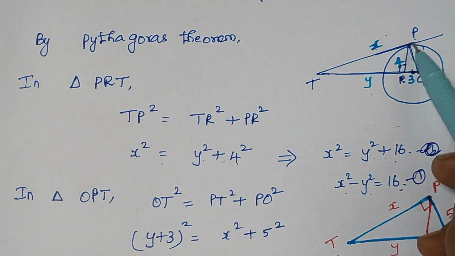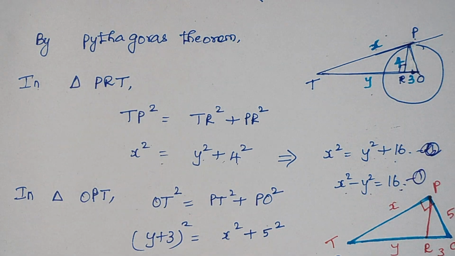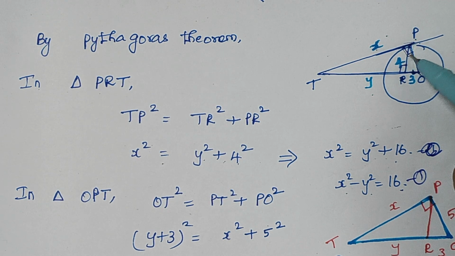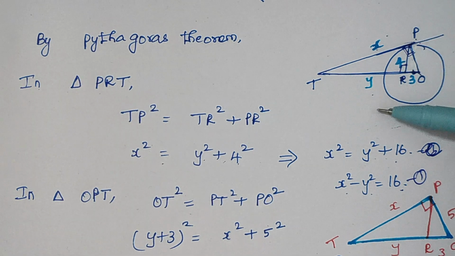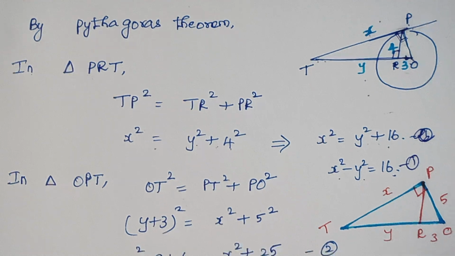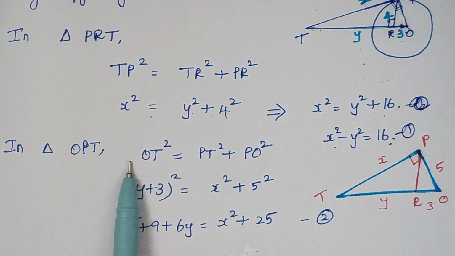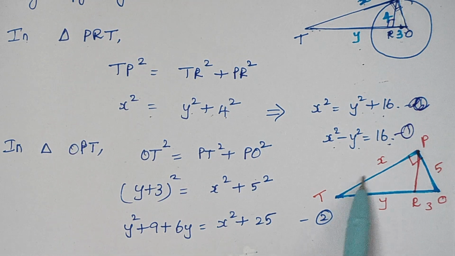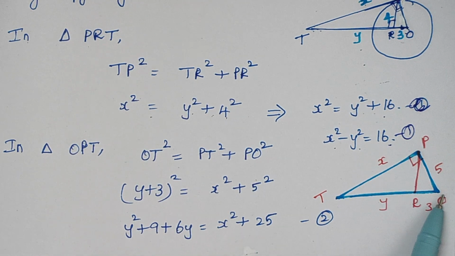Right, in this OPT, which angle gives 90 degrees? This angle, right? This is the angle that contributes 90 degrees. So what is the hypotenuse? Automatically, this OT is the hypotenuse side. So let us frame the expression: OT square is equal to TP square plus PO square.